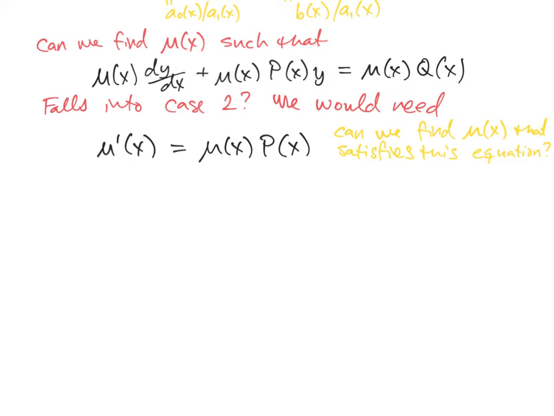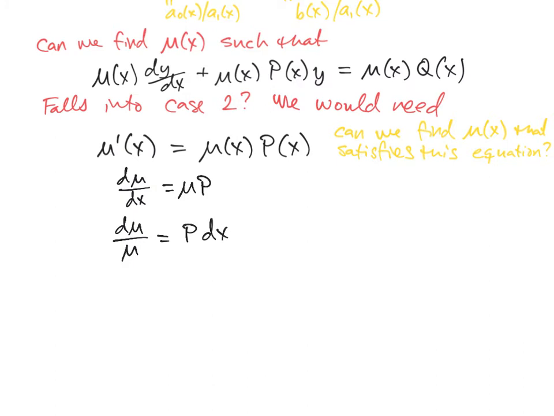So let's write it out a little bit differently in the notation that we're more used to seeing differential equations in. So now we've got d mu dx equals mu p, and I can divide off, and this is separable, right? So I can get d mu divided by mu equals p dx.